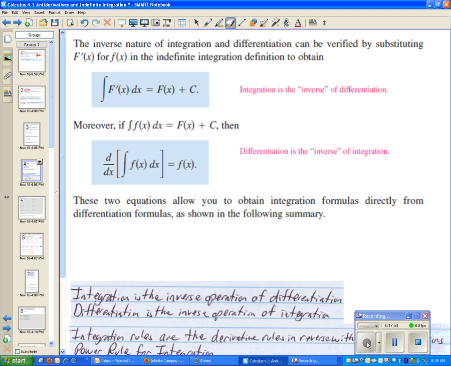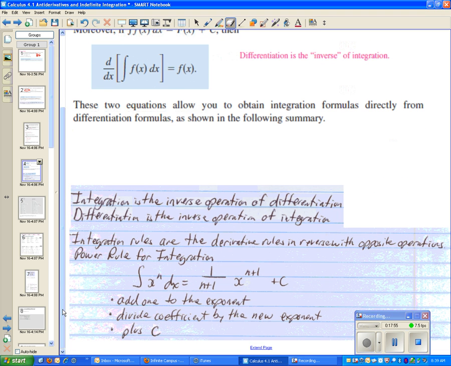Okay? All right, so my notes. Integration, which is anti-differentiation, is the inverse operation of differentiation. And differentiation is the inverse operation of integration.